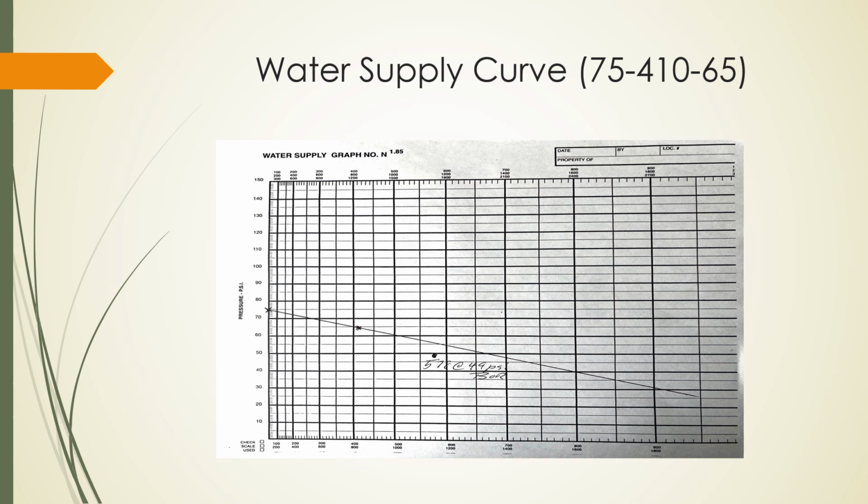So it's something that we take as good engineering judgment that the supply curve is in fact accurate, but always know that it's best to flow out past the overall water demand of the sprinkler system to ensure that you have adequate water.